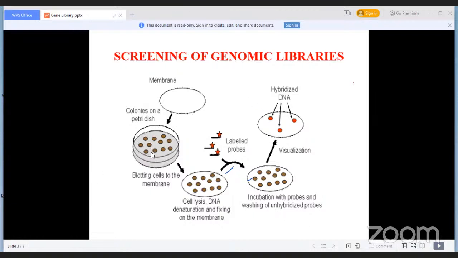Before the colonies, we add some nitrocellulose filter paper.